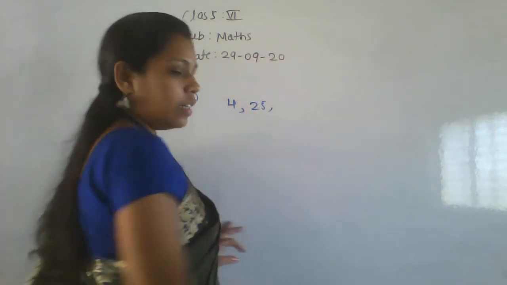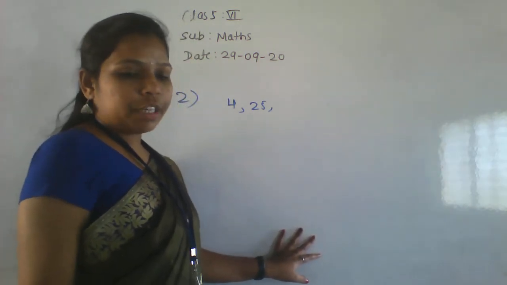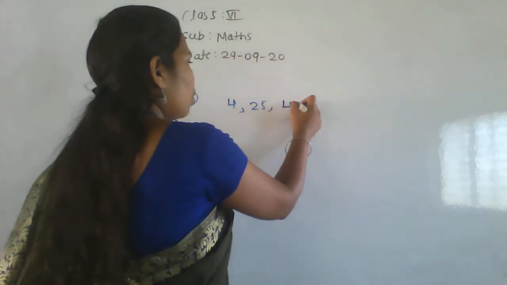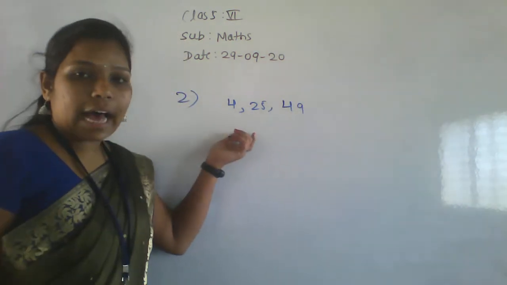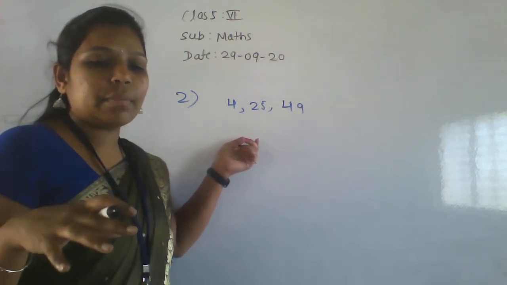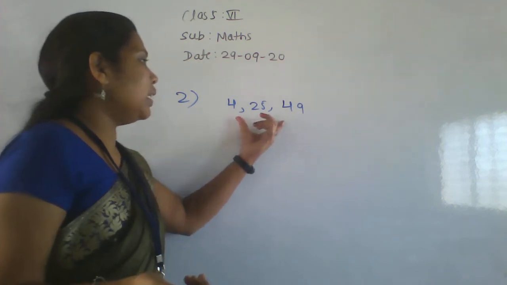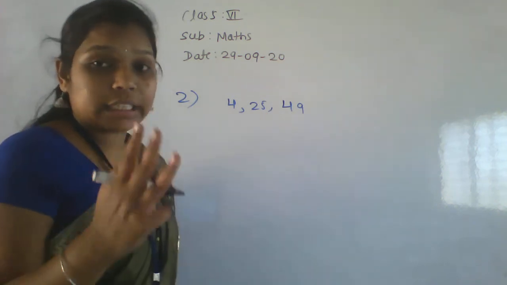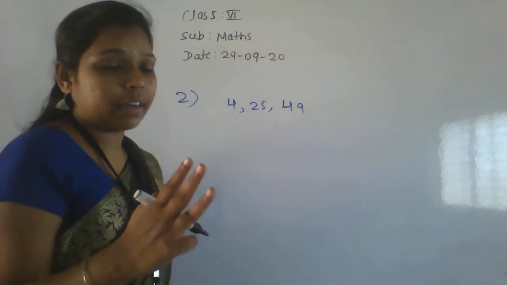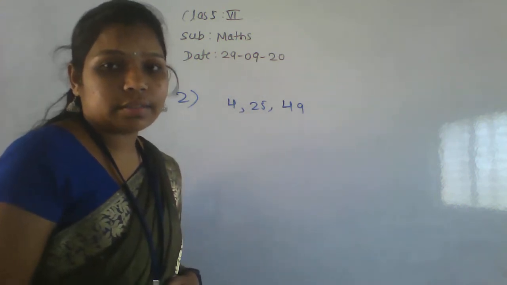That is 25. Next fourth one, 15. No. 49. Yes. So these are the 3 numbers having exactly 3 factors. Other than these, all the numbers are having more than 3 factors.